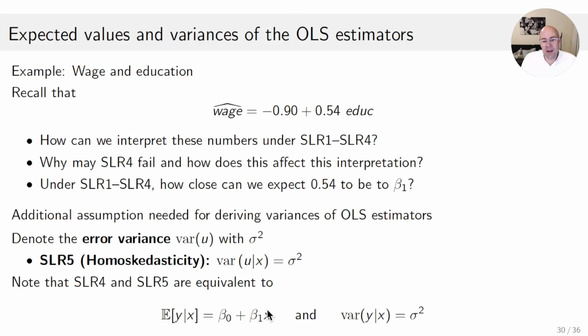So notice that up here I had the variance of u given x equal to sigma square. But of course, when I hold x constant, and I basically look at the equation y is beta naught plus beta 1x plus u, and I look at the variance of y given x, it's going to be the variance of, well, beta naught is not going to vary, beta 1x is not going to vary if I hold x constant, so the only thing that can actually vary is u, so the variance of y given x is actually the variance of u given x under homoscedasticity.